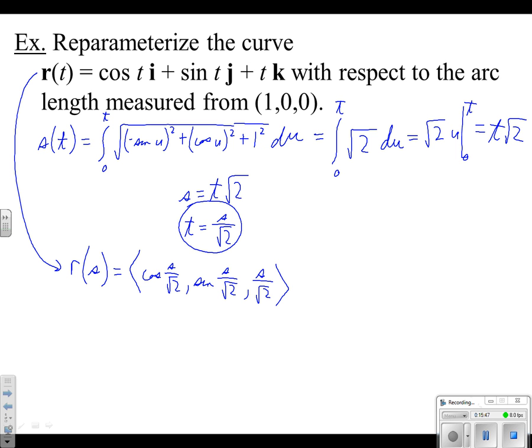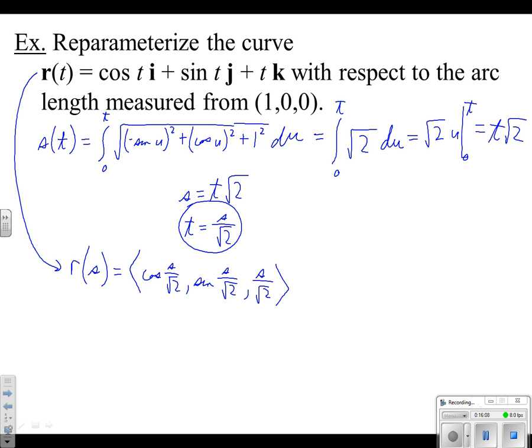The parameter is s, so if the s value increases by 1 unit, then the arc length, the distance we travel around the curve, will also increase by 1 unit. Yes, I realize this is a video and I can probably go back and edit it, but I'm not going to bother.